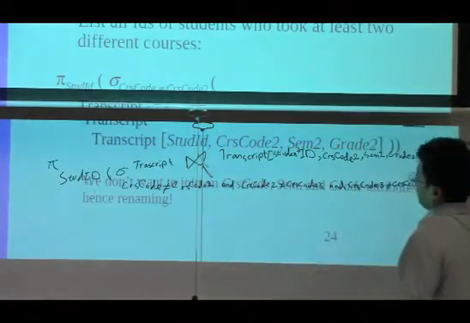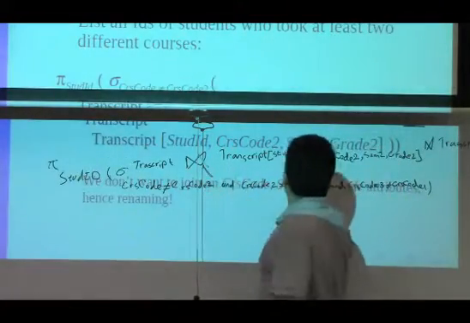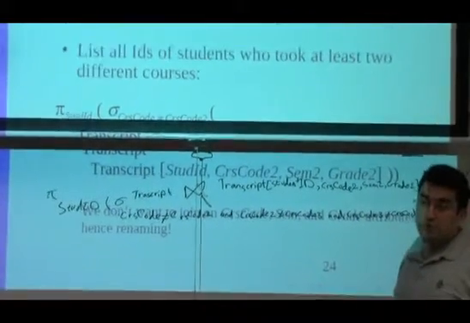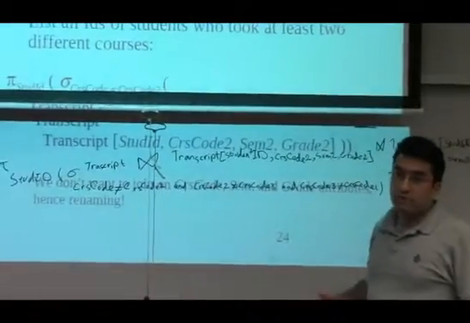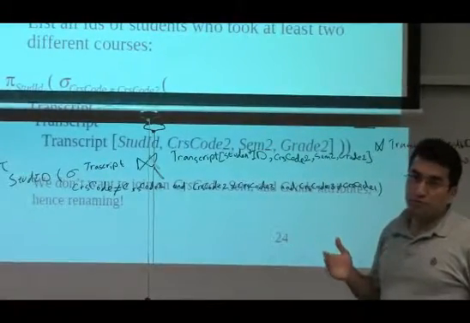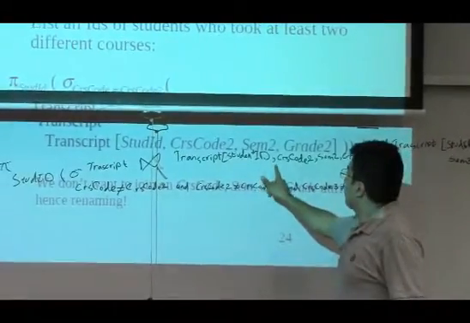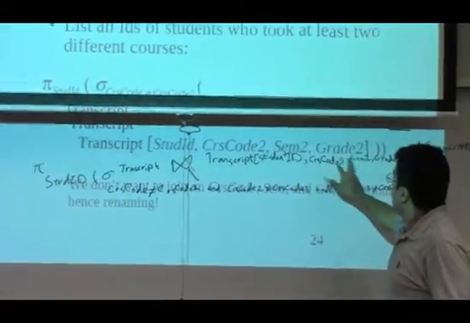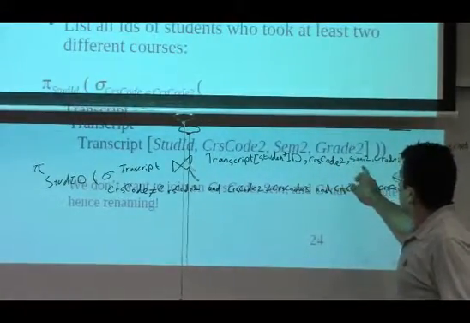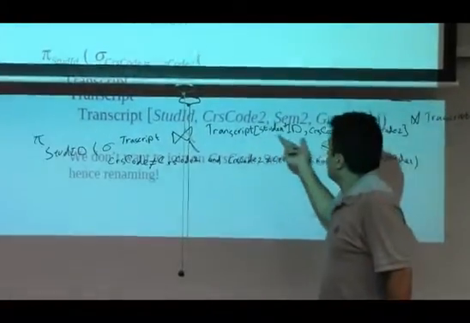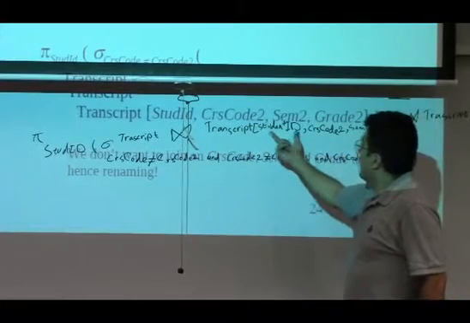There are three replications of the transcript. Is it less than 3, Professor, or only 2? Only 2. Yes. So then we can see over here, similar to what we did up there, we are renaming the columns except the student ID.